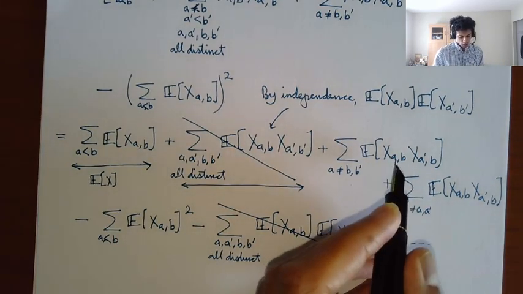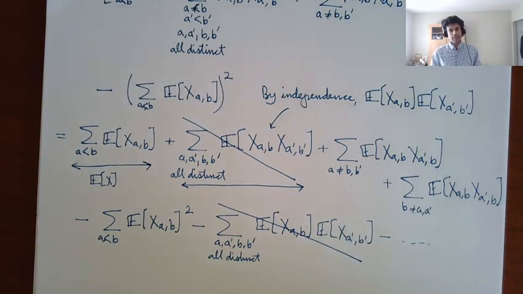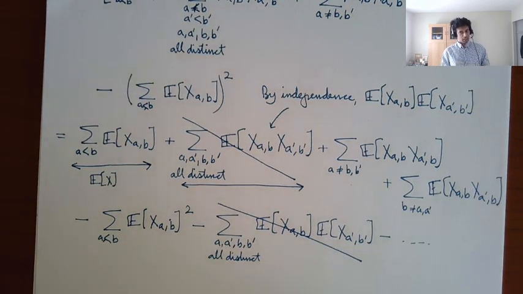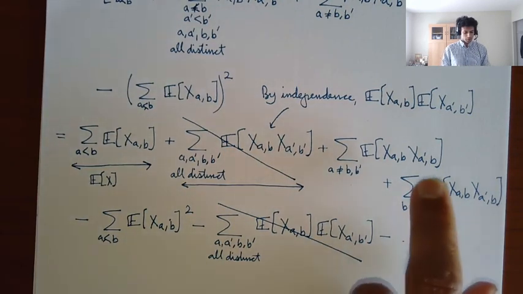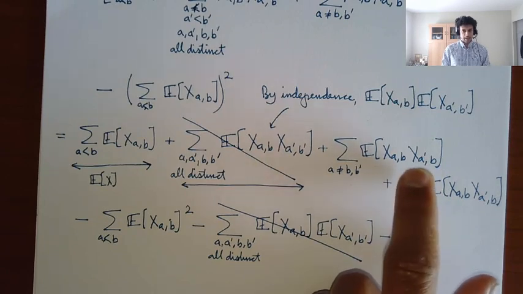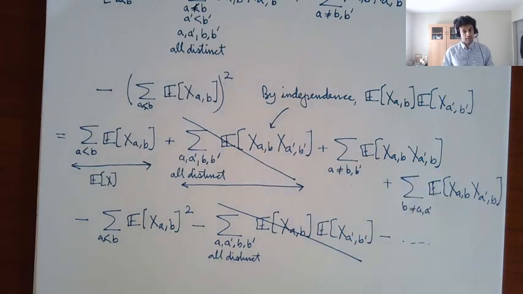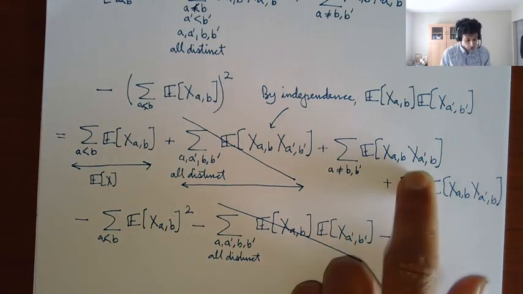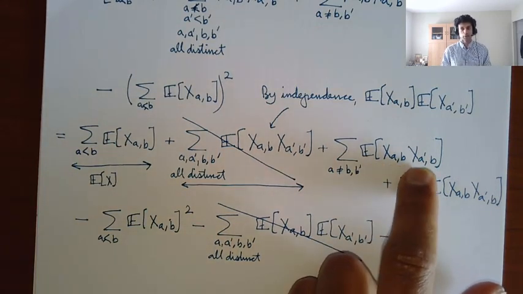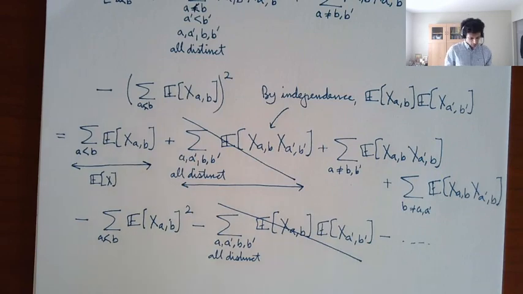Now, are these independent? Are XAB and XA prime B independent? It's not obvious, right? Potentially they are dependent because both XAB and XA prime B depend on the bth sample.